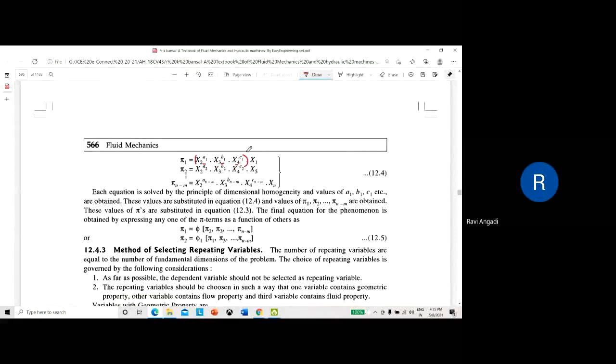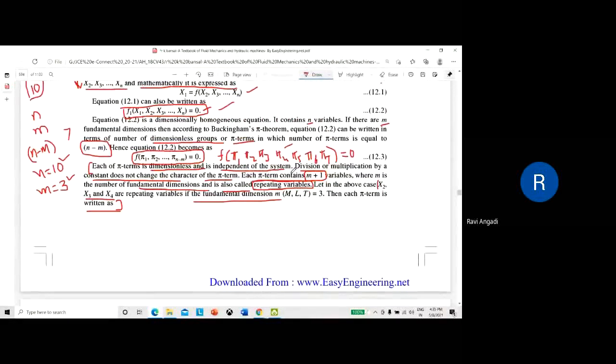And again I said, see, each pi term contains how many variables? M plus 1. Yes, m plus 1. M means how many here? 3.